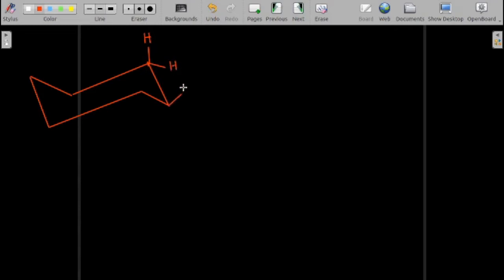This is an axial hydrogen, and in this carbon this is an axial hydrogen, and this is an equatorial hydrogen. And this is an axial hydrogen.